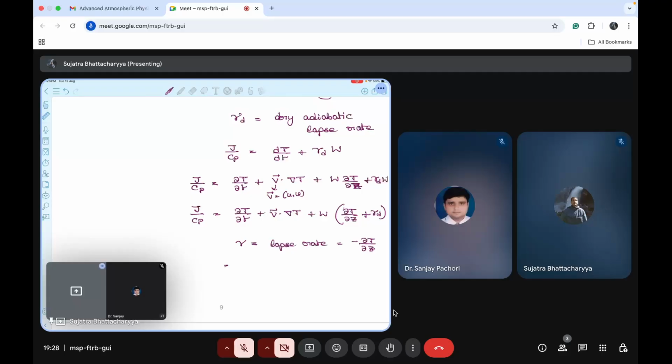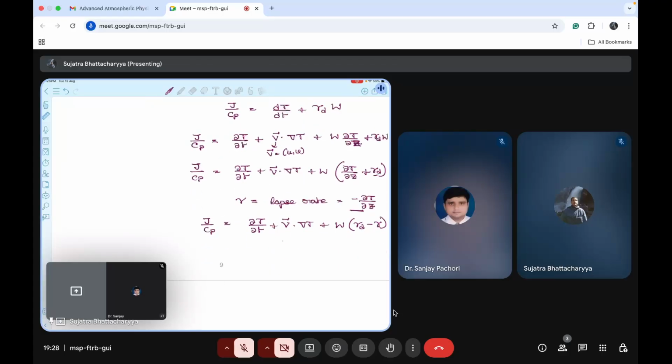So this is what you get: delta T by delta t plus V dot grad T plus W times gamma d, and delta T by delta z can be written as minus gamma. So this becomes J by Cp. This becomes your thermodynamic energy equation, and this gamma d minus gamma is the static stability of the atmosphere.